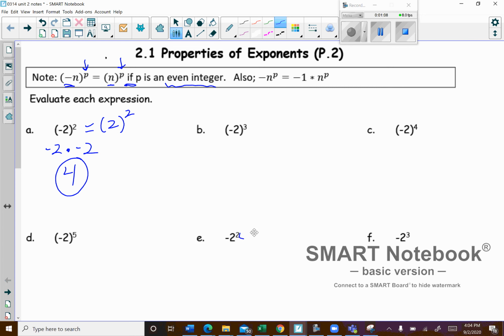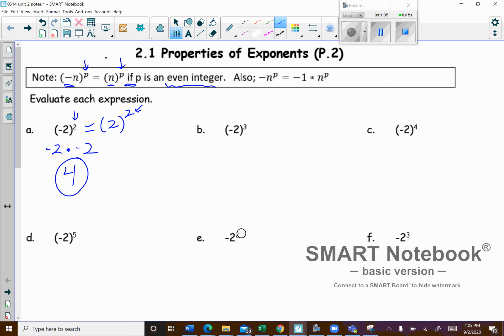And so that's what this statement is implying: it doesn't matter if your base is positive or negative if your exponent is an even value, because even if the base is negative, a negative times a negative is positive, and so it'll turn out being a positive. Now that's not true if it's odd. If it's odd, that does not hold, and we'll look at one of those in a moment.